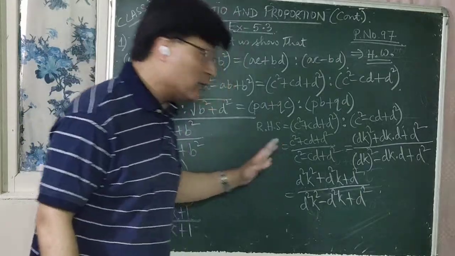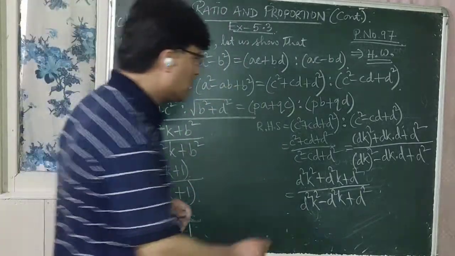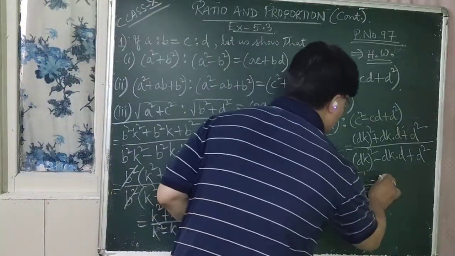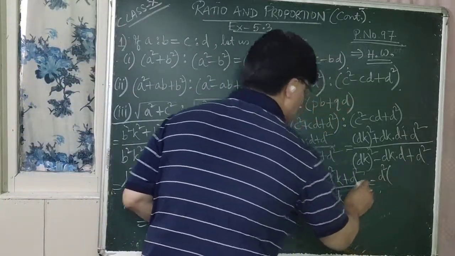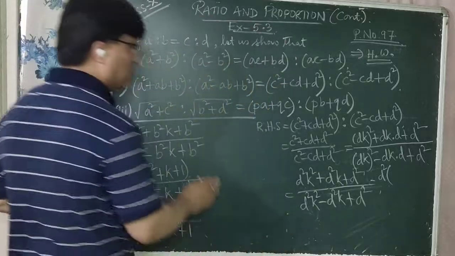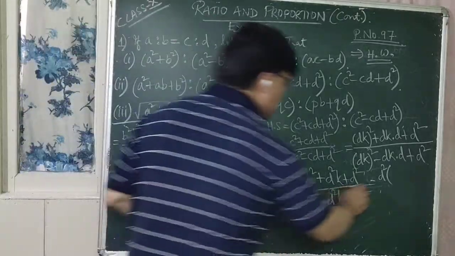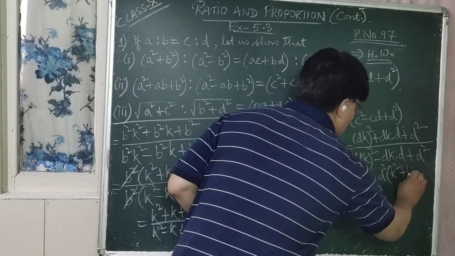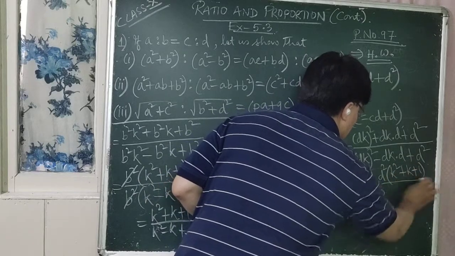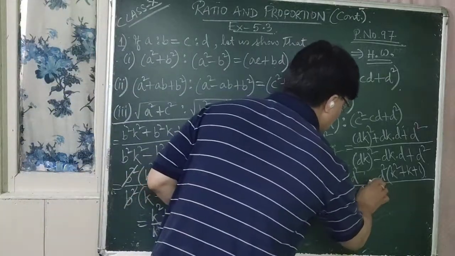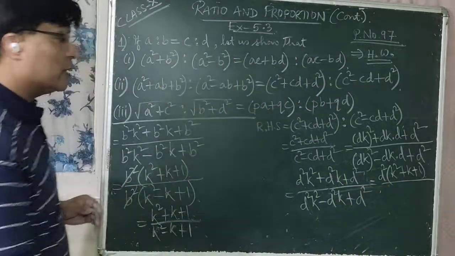So okay, now you can take common. Take common in the numerator. What is common in the numerator? It is d square. If d square is taken common, what will be the expression within the bracket? It is k square plus k plus 1, divided by, in the denominator, what is common there?